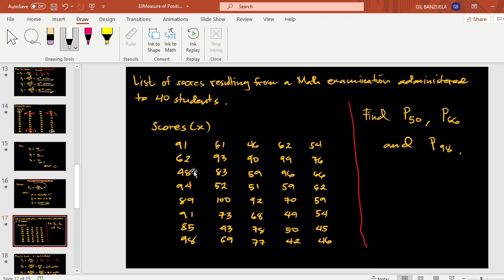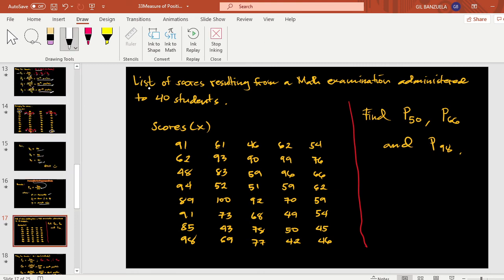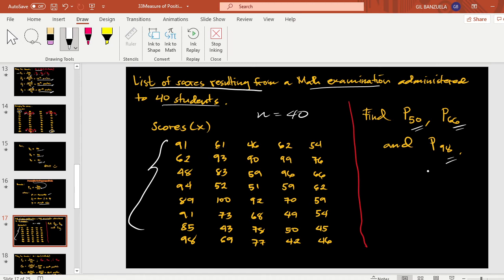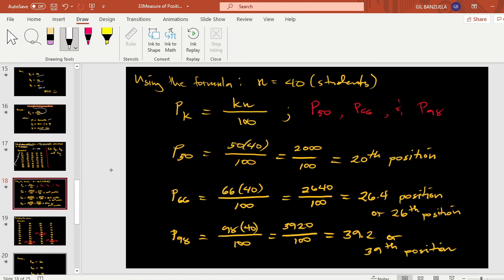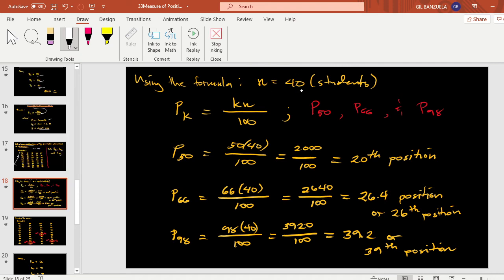Using the same exercise, the list of scores of a math examination administered to 40 students, your n is equal to 40 here, and here are the raw scores. We are asked to find P50, P66, and P98.